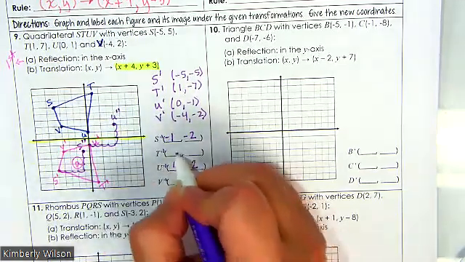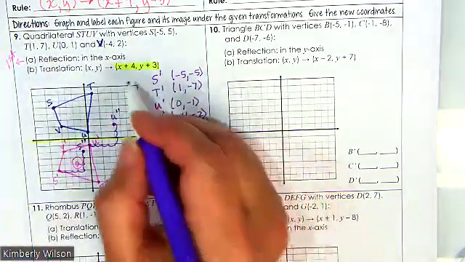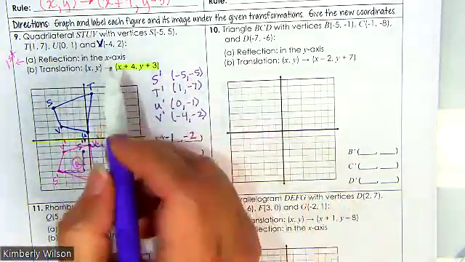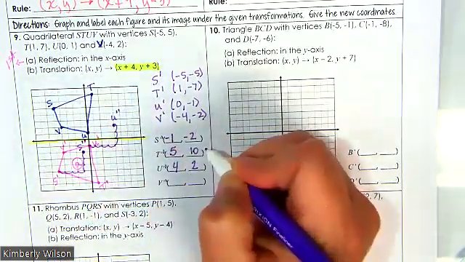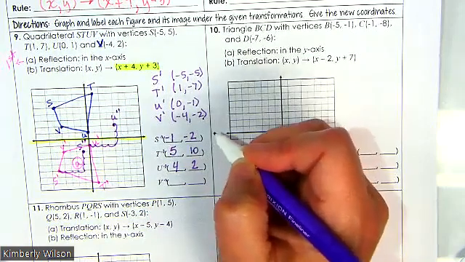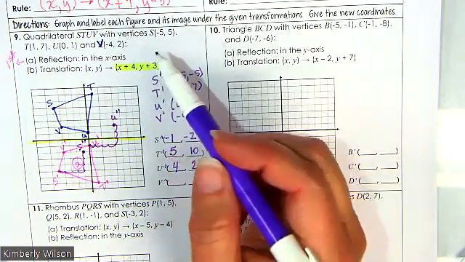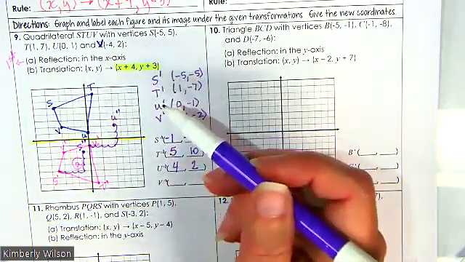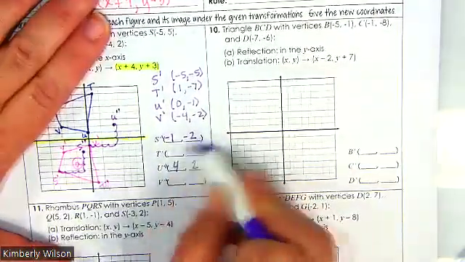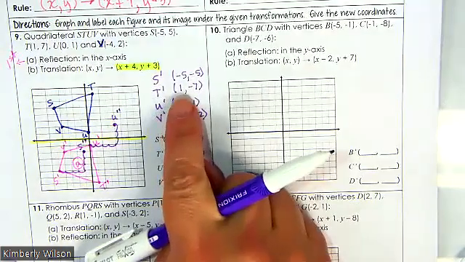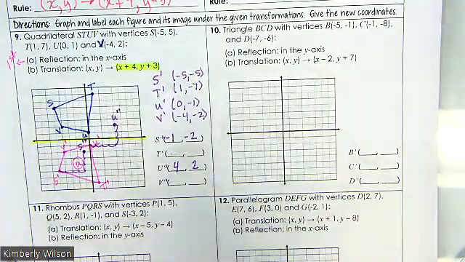Okay, so now we have T, which is 1 plus 4, which is 5. Excuse the bell. 7 plus 3, which is 10. No, I'm using the wrong point. That's where you got to be careful. I'm supposed to be using this point. And what threw me off was it was going off the graph, which it can do sometimes, but I'm double checking.